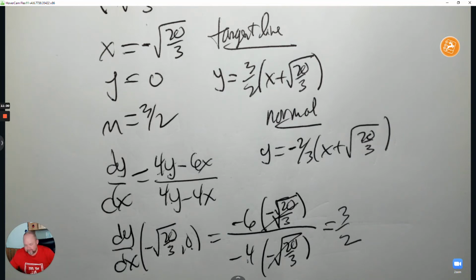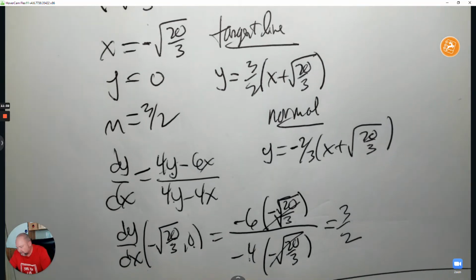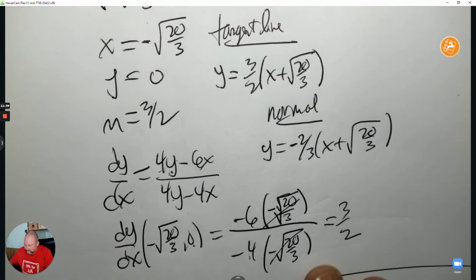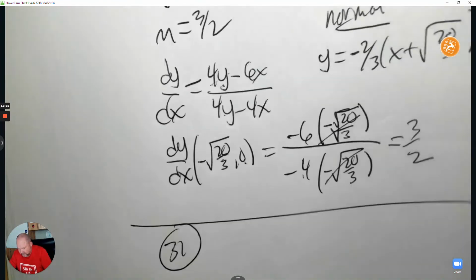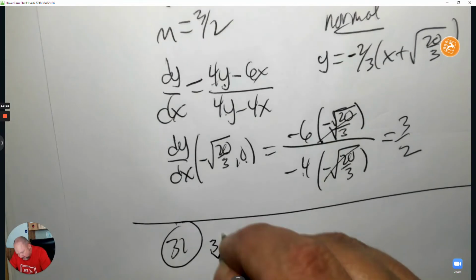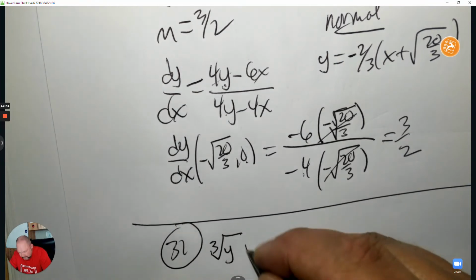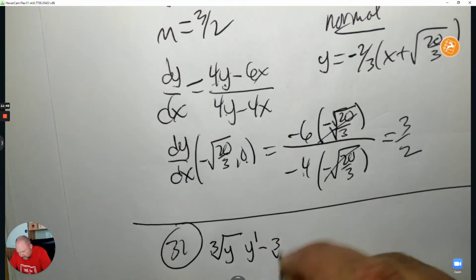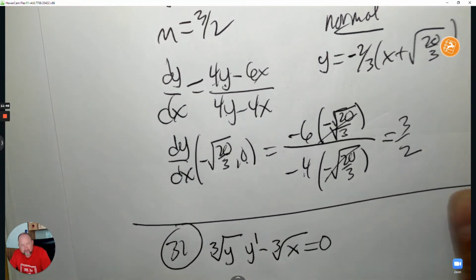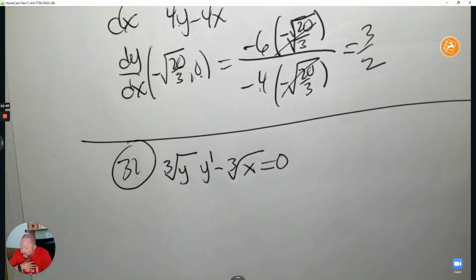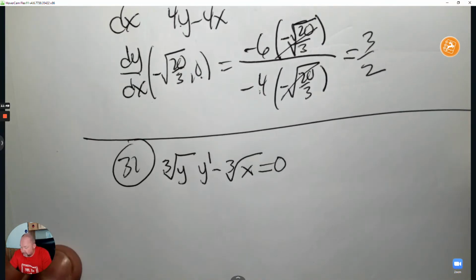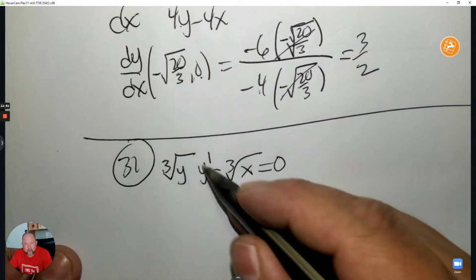Number 31. All right, find a general solution. This is called the differential equation because we have a derivative there.